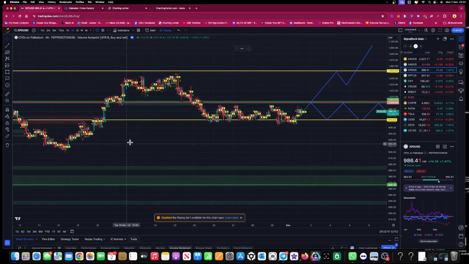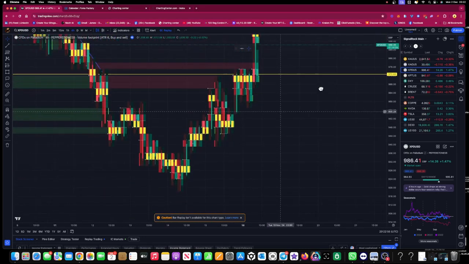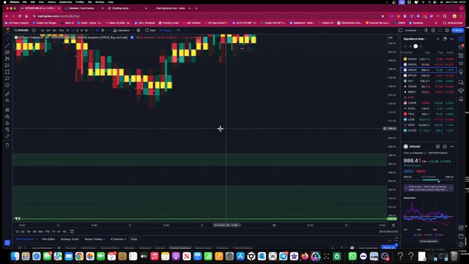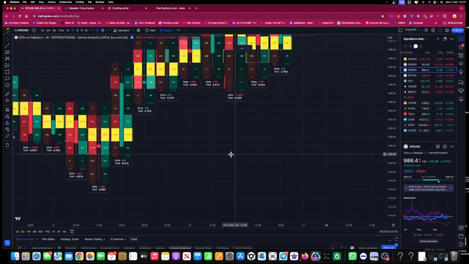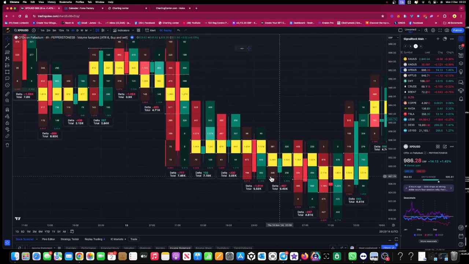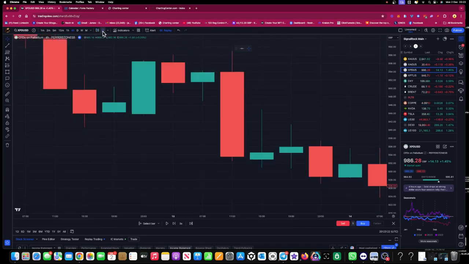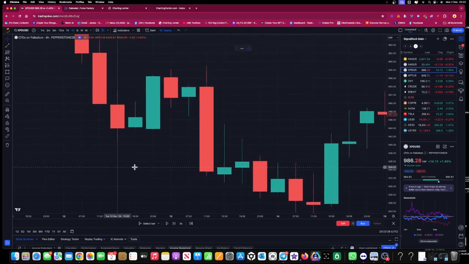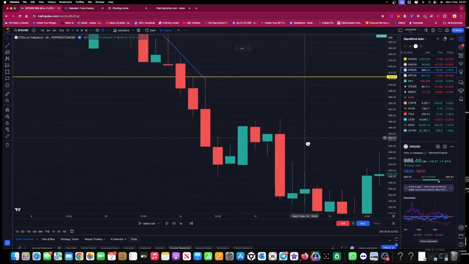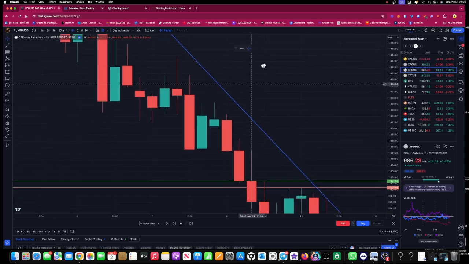Let's just see what happened back here. I mean, all you have to do really is look at these bars, and you can see there's lots of wicks, and there's a move.